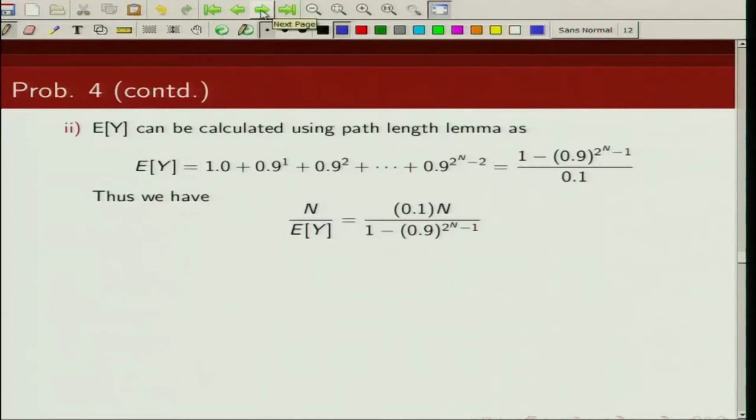Now, the next part of the question was to calculate the ratio of the output code word length to the input expected code word length. Now, how do we find out the input expected code word length? We can invoke the path length lemma to find out the expected value of y.